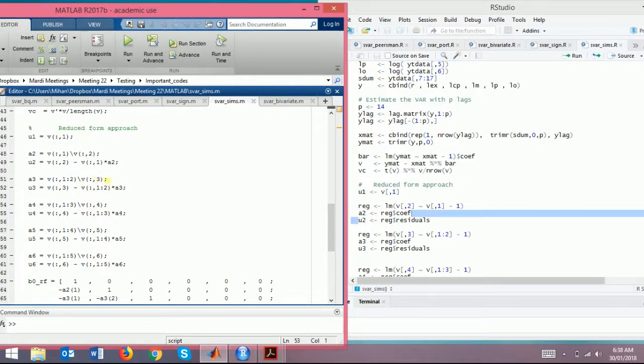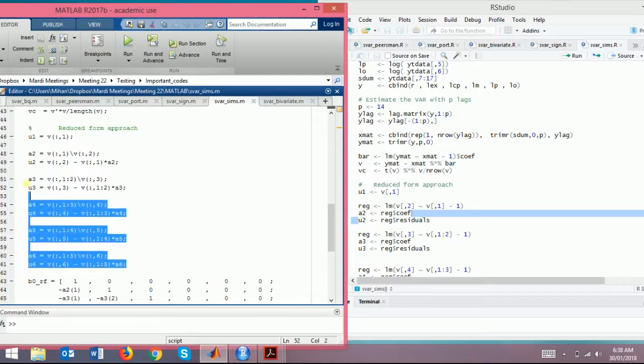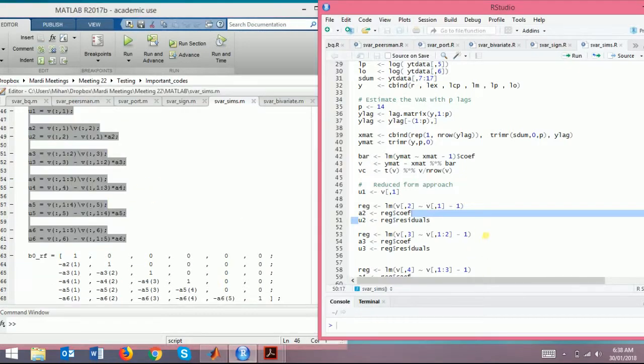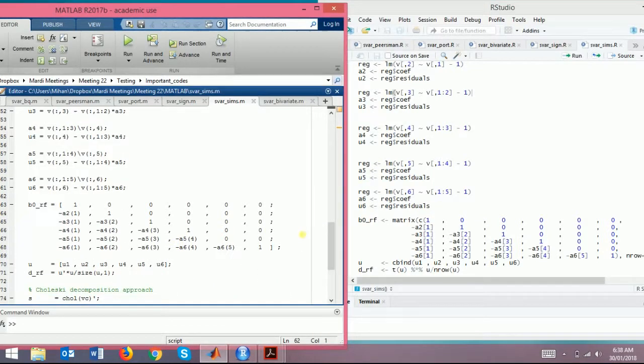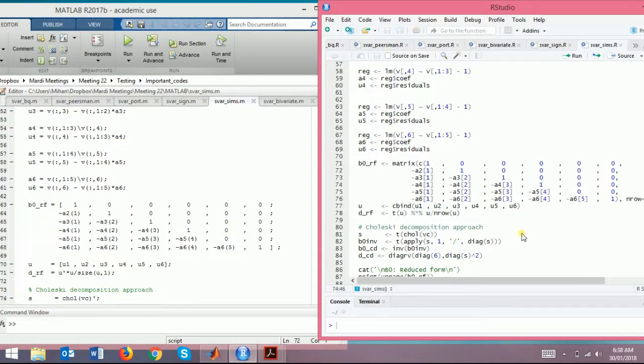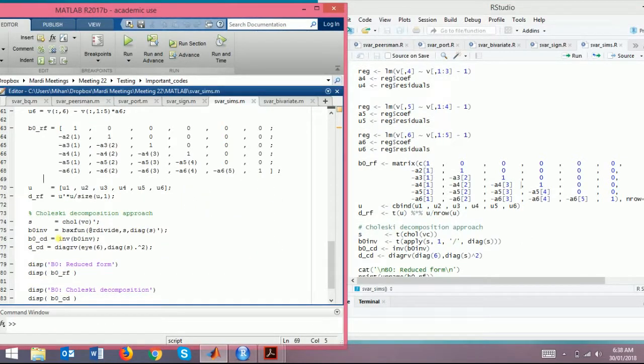Then moving on, basically we're doing it for all the rest of the elements, up to u6. So we are finding 6 residuals and 6 coefficients, and then we create our matrix with these 6 elements and residuals, and beautiful.